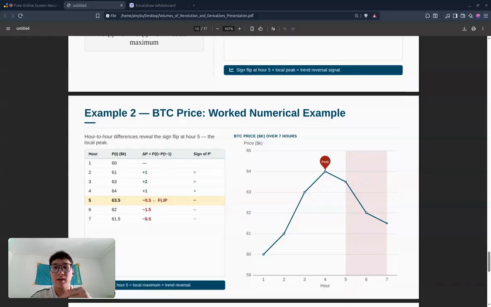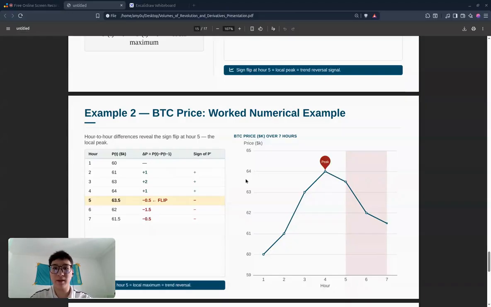Price is climbing. Then between hour 4 and 5, it flips from +1 to minus 0.5. That's our critical point. Price peaked at the fourth hour, and then hour 5 is where the reversal shows up.